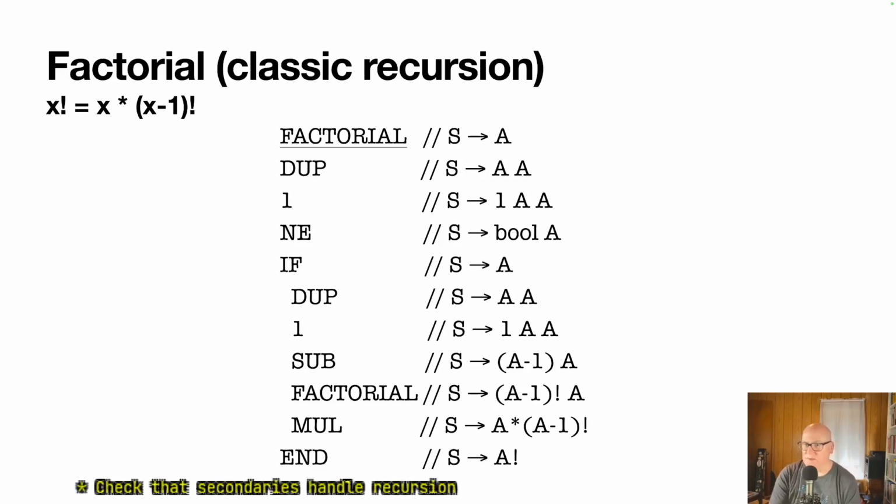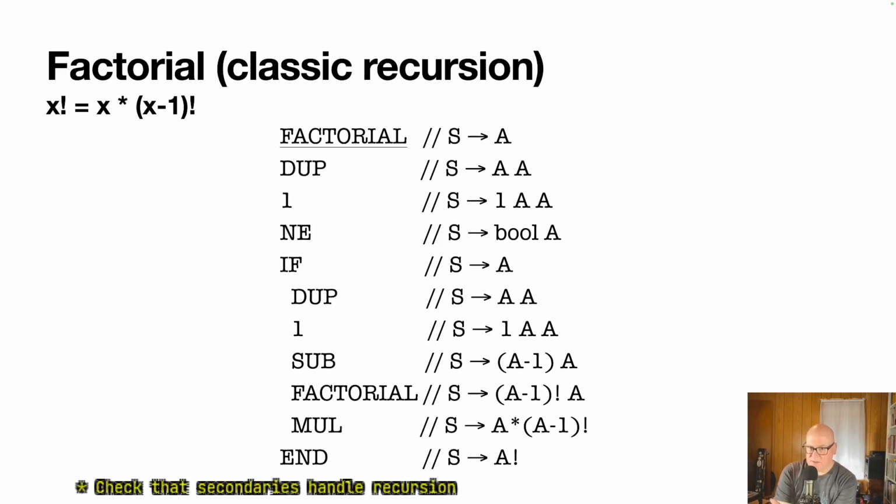All right, and so I've used comments on the side here to say what the stack looks like, and the front of the stack is right after the arrow. So the factorial method is going to work on the top of the stack. We'll duplicate that, and then push a 1 and call not equal, which takes 1 versus A, decides if they're equal or not, and leaves a Boolean on top of the stack.